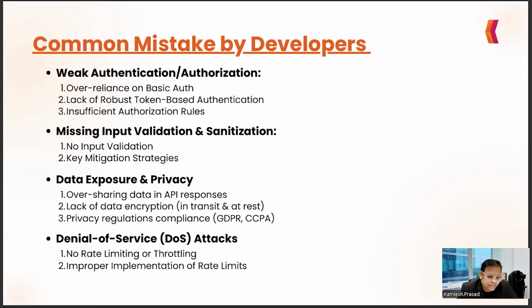In authentication, a common mistake I found which developers usually commit is they use a GET URL for authentication. Using a GET URL is an absolutely wrong method for implementing an authentication mechanism. It is better to use POST and use the API body for sending those credentials.